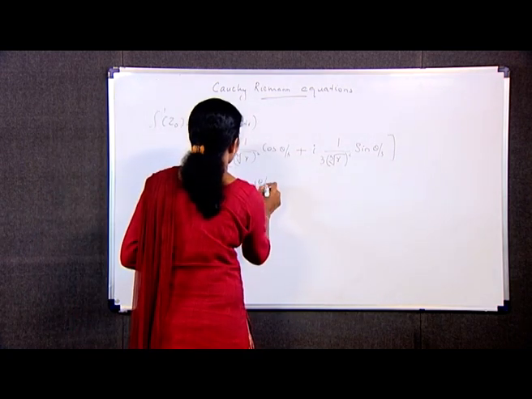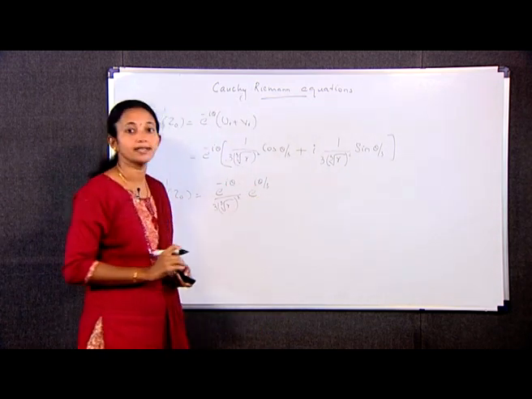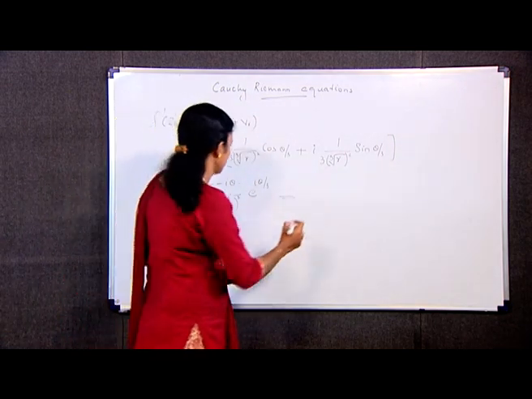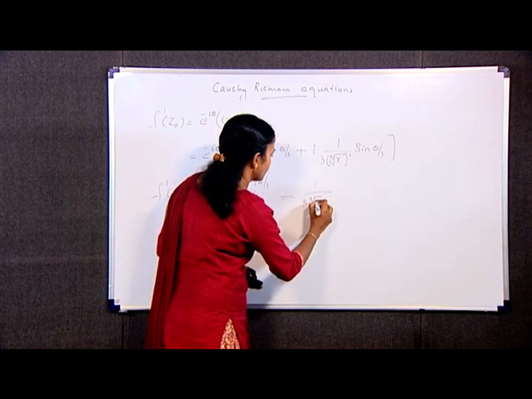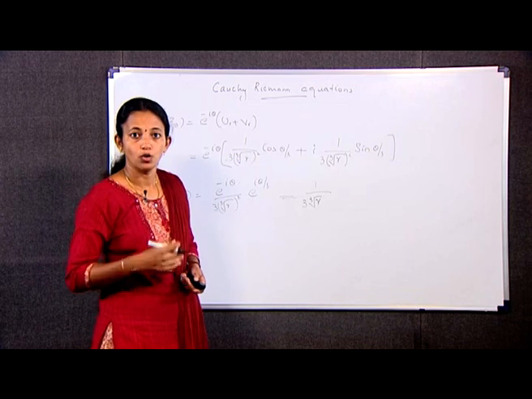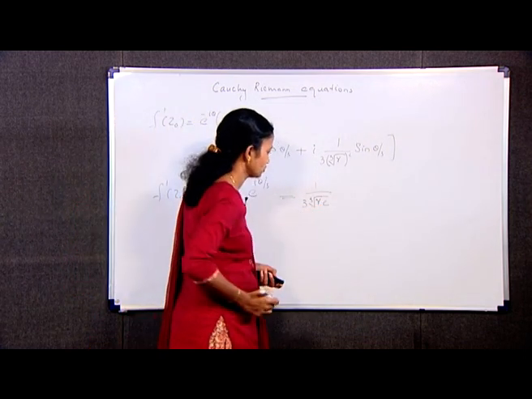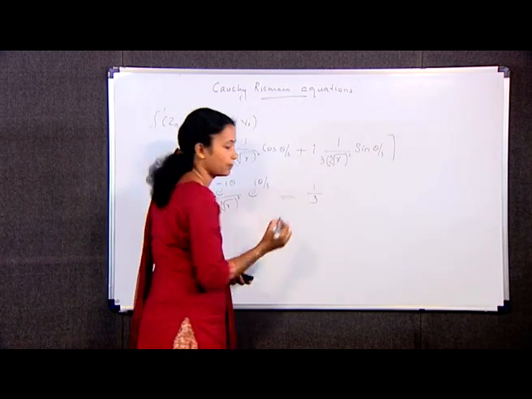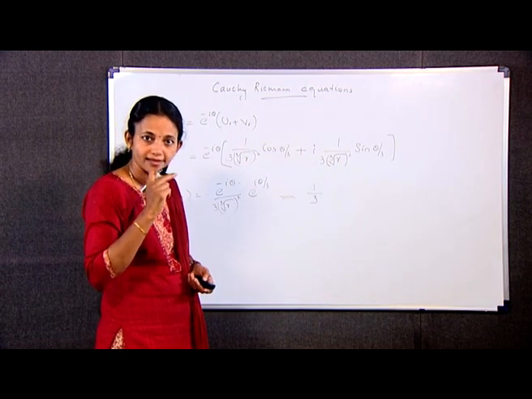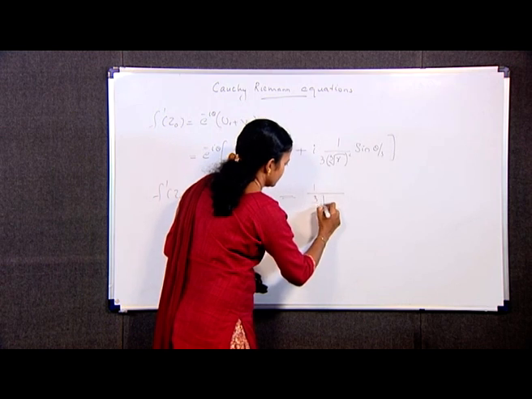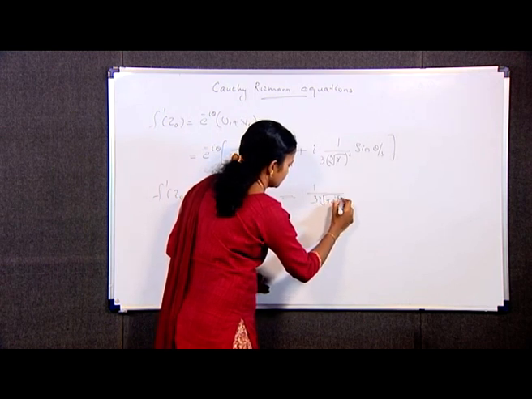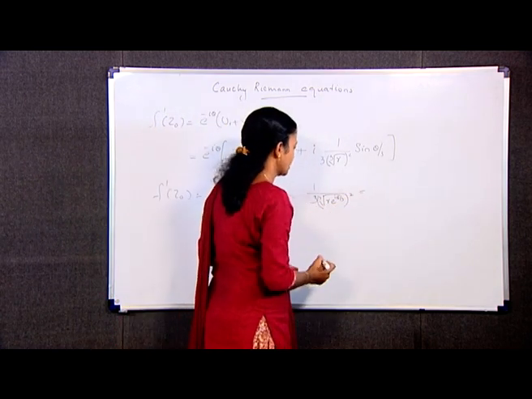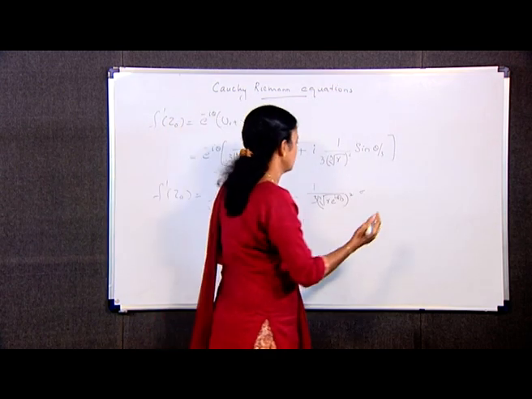Combining these terms, e raised to i theta by 3, this is equal to 1 by 3 cube root of r e raised to i theta by 3 whole square, which is equal to 1 by 3 times f(z) whole square.